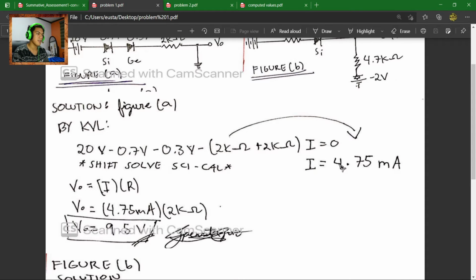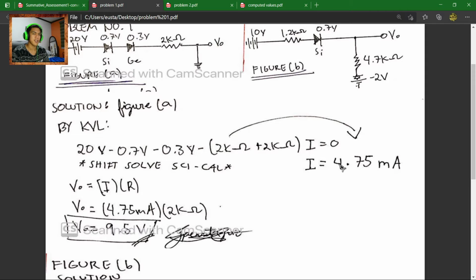Then I use this cool engineering technique, shift solve. The computed value that I got is 4.75 milliamperes.